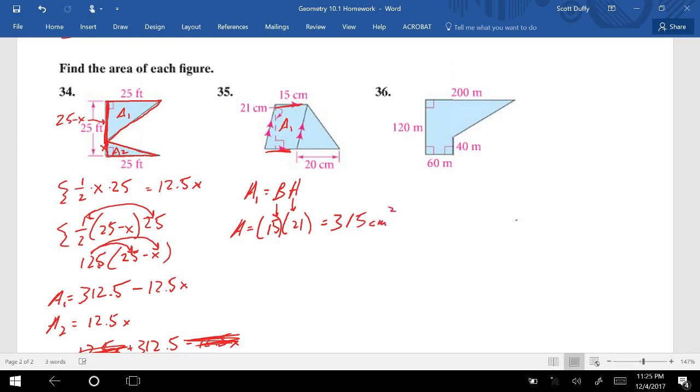Now we have to find area 2. Now what I know is that this triangle is going to have the same height as this parallelogram. So if I move that height over, that is also 21. So area of the triangle is 1/2 times base times height. Base of 20, height of 21.